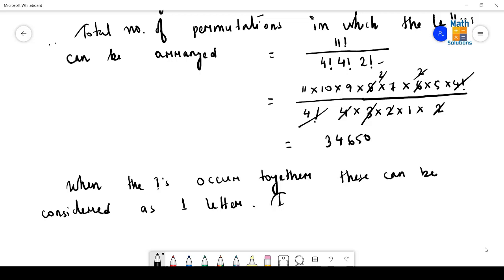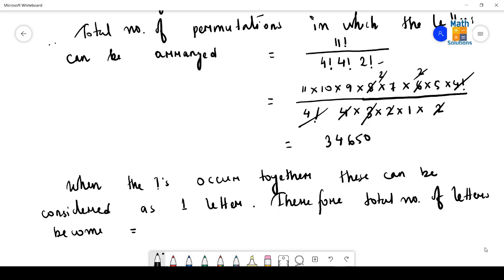Therefore, the total number of letters becomes, from 11 letters.